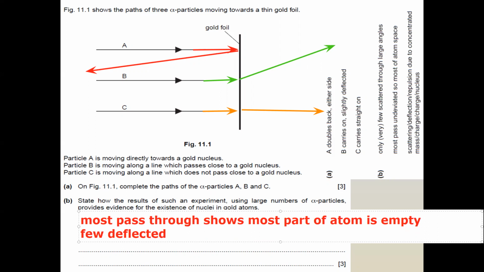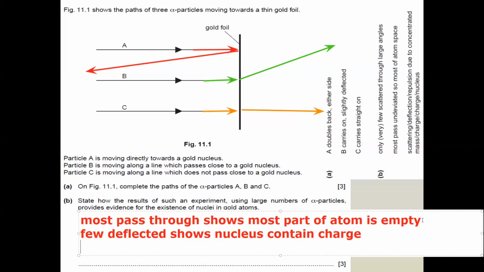So what it shows, few of them deflected at a small angle, or few scattered. So what it shows that nucleus contain charge. There is a charge on the nucleus, that's why few of them deflected.